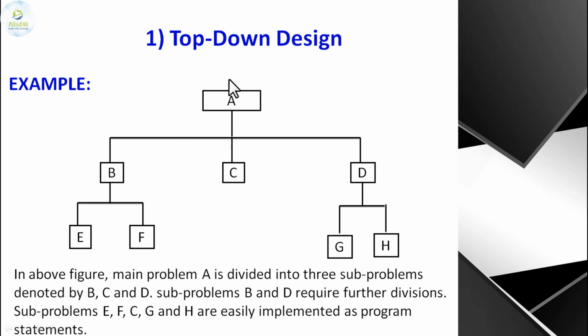The problem A is divided into B, C and D, which is a split of the main problem into smaller problems. Further, problem B has different divisions and is not the smallest one, so it can be divided into E and F. Dividing B into E and F leads to smaller problems of B, which are the easiest to implement.